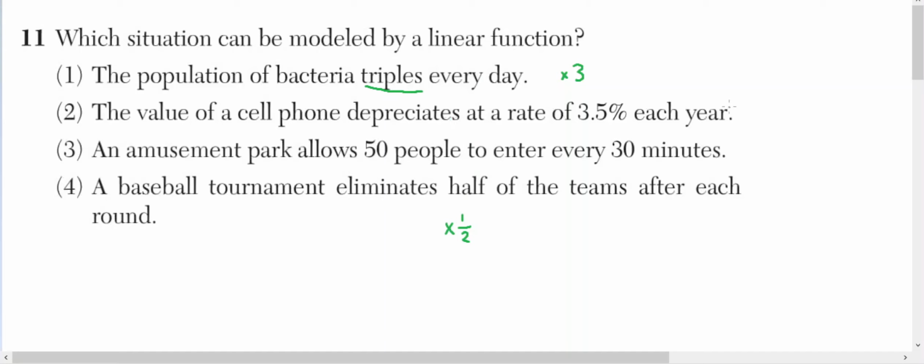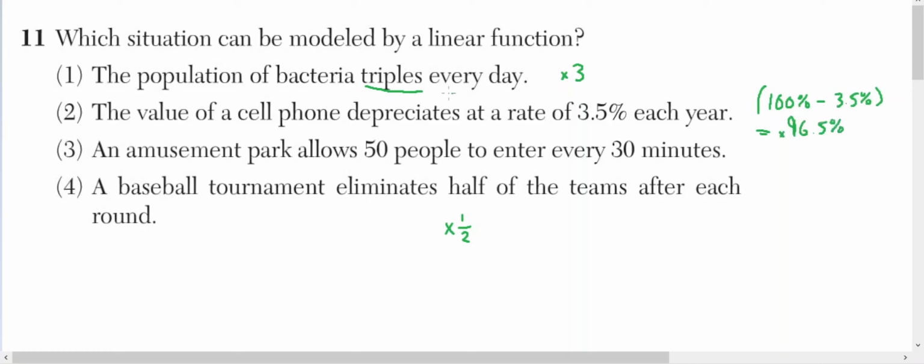So it looks like choice 2, depreciating at a rate of 3.5% each year, that's the same thing as multiplying by that percent less than 100. That is to say, if you have 100% minus 3.5%, that's the same thing as multiplying each year by 96.5%, which is still just a multiplier.